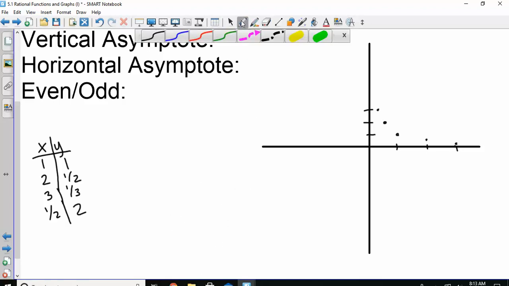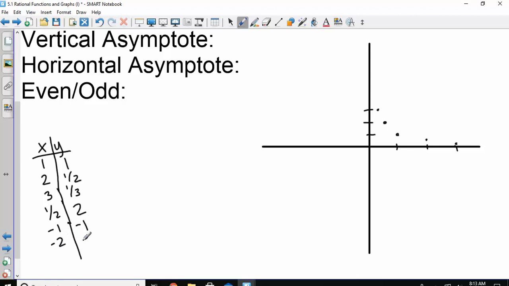Okay. What if I put in negatives? If I put in -1, what do I get out? If I put in -2. If I put in -1/2.